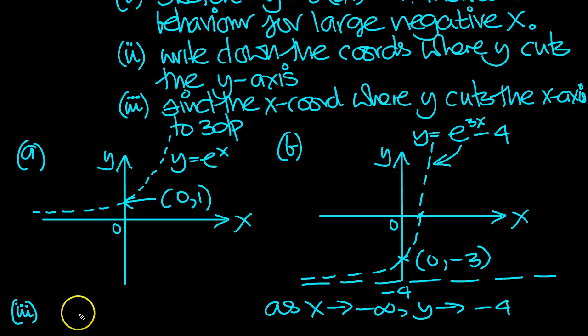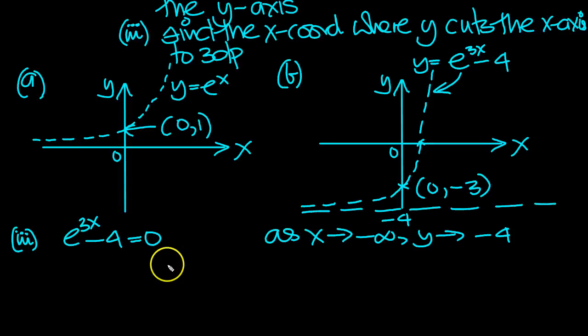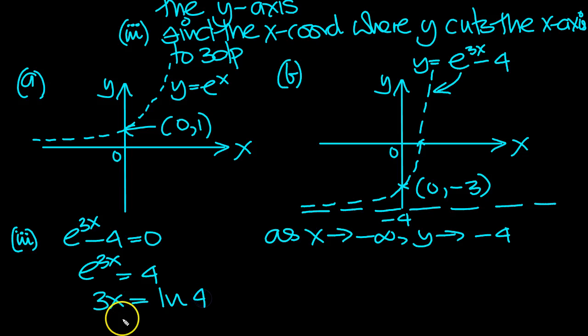So when does this equal 0? e to the 3x minus 4 equals 0 is what we want to find out. We want the x-coordinate value, don't we? So e to the 3x equals 4. So 3x, take logs to base e, or write this in log form, it's the natural logarithm of 4.